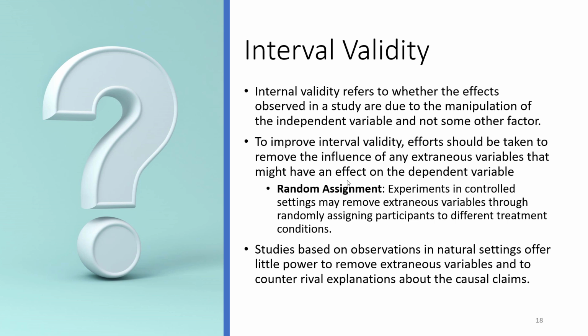In experimental studies, internal validity is improved by random assignment, in which participants of a study are randomly assigned into different treatment conditions. In observational studies, controlling for extraneous variables is more challenging, making causal claims unlikely. That's why I want you to be very careful not to use wording that claims causal relationships between variables.